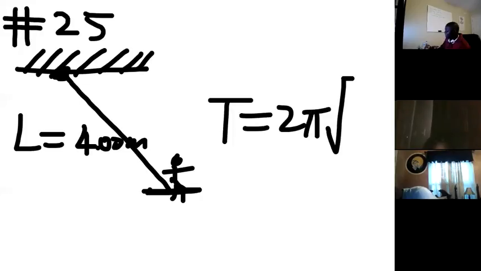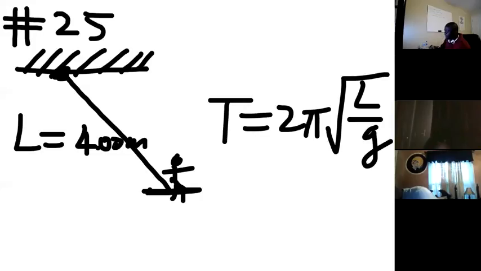The difference is that your length is now 4 meters. So your period is 2 pi square root of L over G, the same as number 24. Instead of 1 for number 24, you're going to use 4 in this problem because the length of the swing is 4 meters.